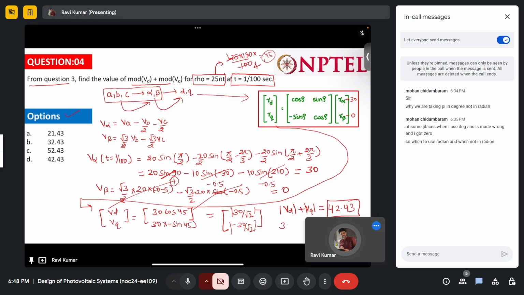So if you do 30 divided by root 2, you will get 21.21 something, then just multiply by 2, you will get this one. So it is 42.43. Correct answer is D. So here we need to convert from one form to another form.